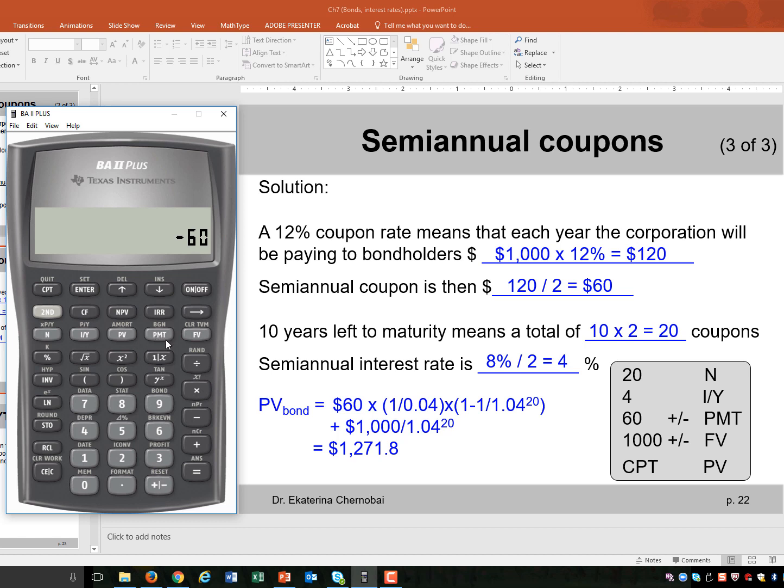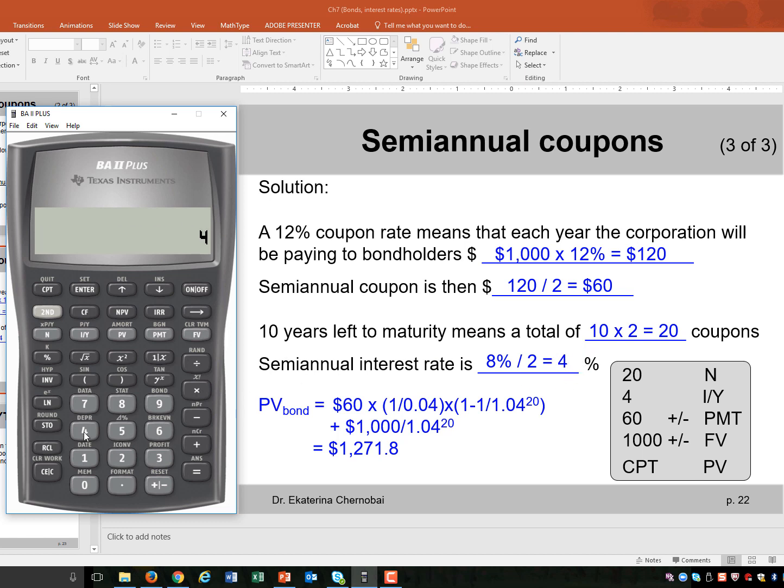Then, how many of those recurring coupons will there be? A total of 20 coupons. You use that for N. 20 N. And the fourth number that is entered is the discount rate. It should also reflect the same semi-annual frequency, 4% yield to maturity per half a year.